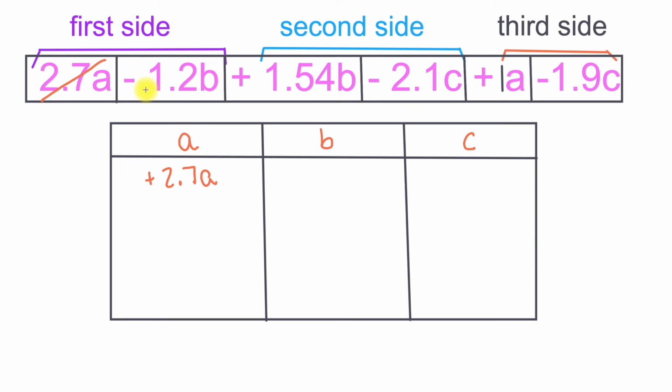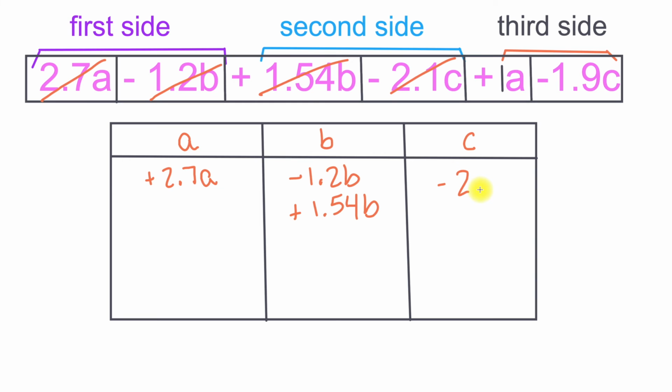Next term, negative 1.2b. That will go in the B column. I'll put negative 1.2b. We're done with that term. I'll then go to positive 1.54b. That's my next term. That's another B term, so that also goes in the B column. I will cross it off here, and I will put positive 1.54b. The next term is negative 2.1c, so I'll cross that off here, and I'll put it in the C column because it's a C term.